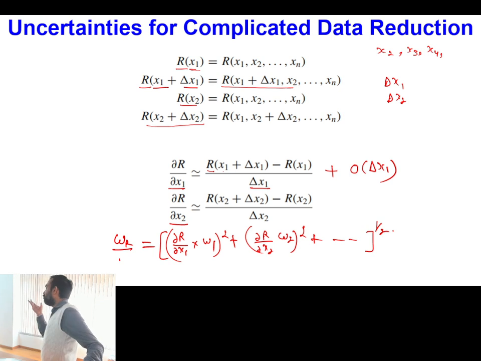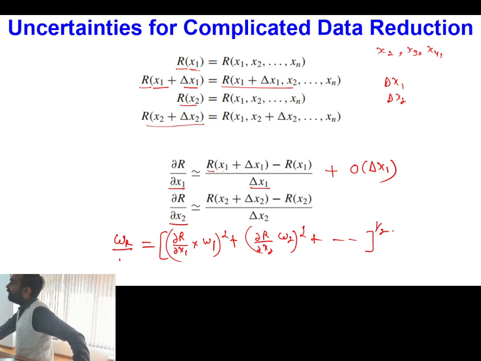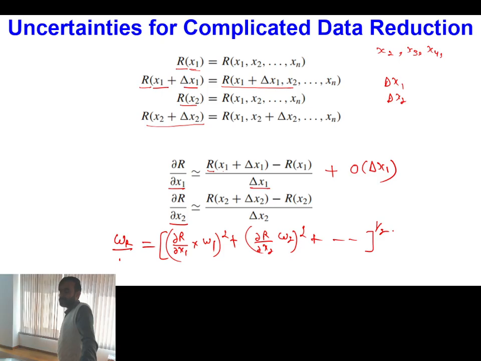Say you have 1000 measurements. By pen and paper it becomes an extremely difficult and time-consuming task to calculate the uncertainty. So there we can utilize computers for estimation of uncertainty using this type of finite difference approximation.